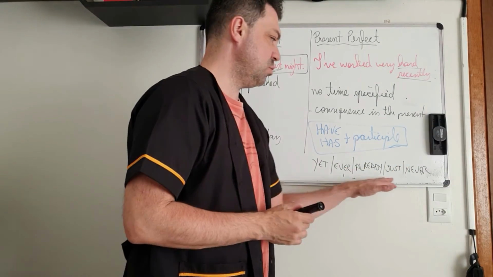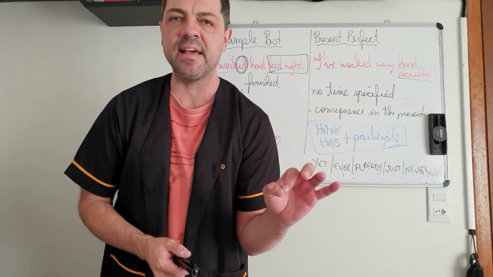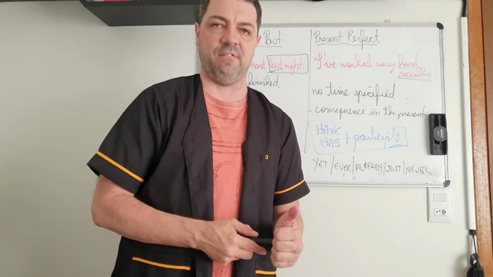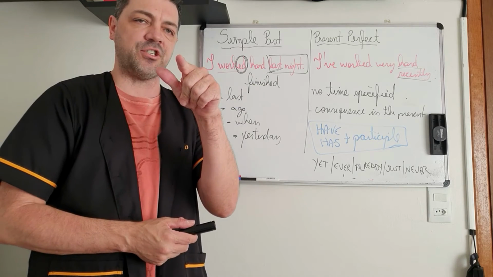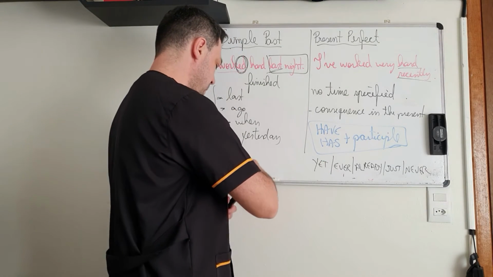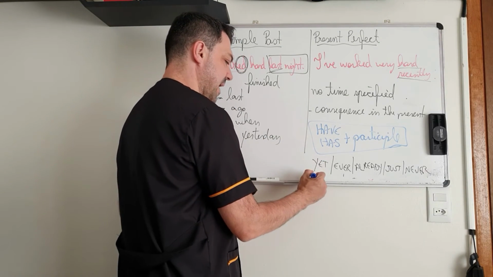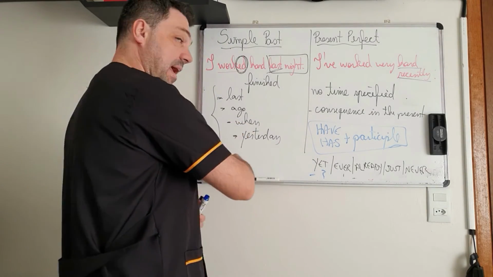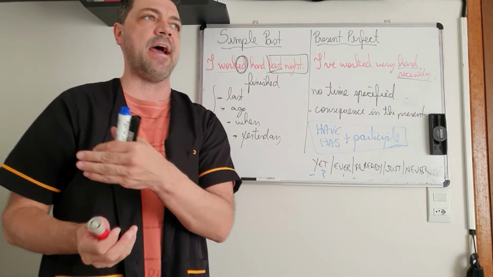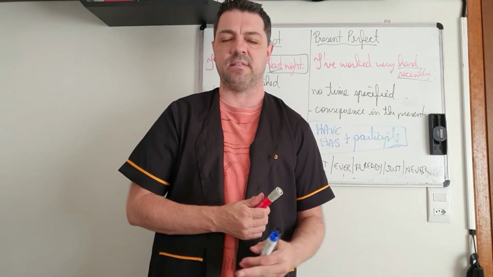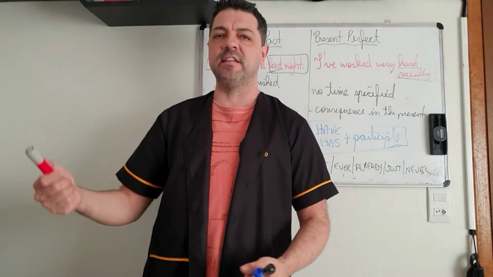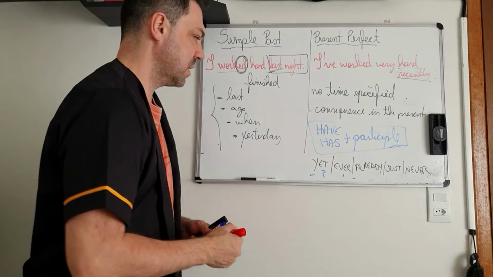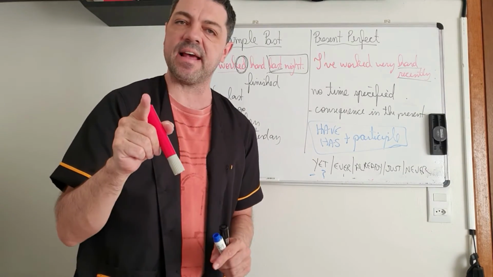If you have these words, in most of the cases you'll have present perfect. Just to refresh your memory. Yet, when do you use yet? In negative sentences or in questions. At the end of the phrase, I haven't been to London yet. I haven't washed the dishes yet. Have you washed the dishes yet?